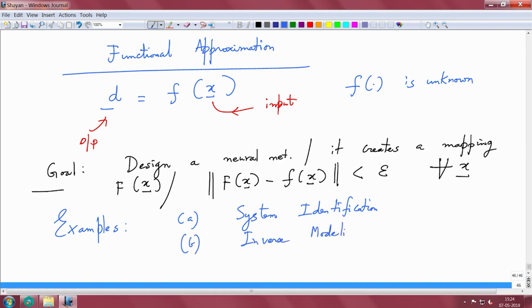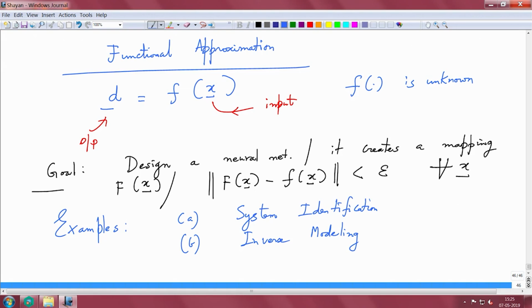Well, one can think of inverse modeling as the same as system identification, because I want to identify the system, but we want to segregate it into these two classes A and B, because for example, if you think about a nonlinear plant and you want to identify the system for control purposes, etc., then we want to treat this as a system identification problem.